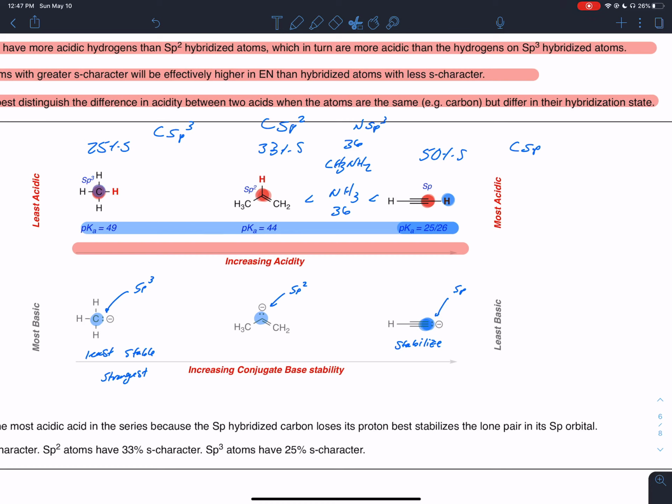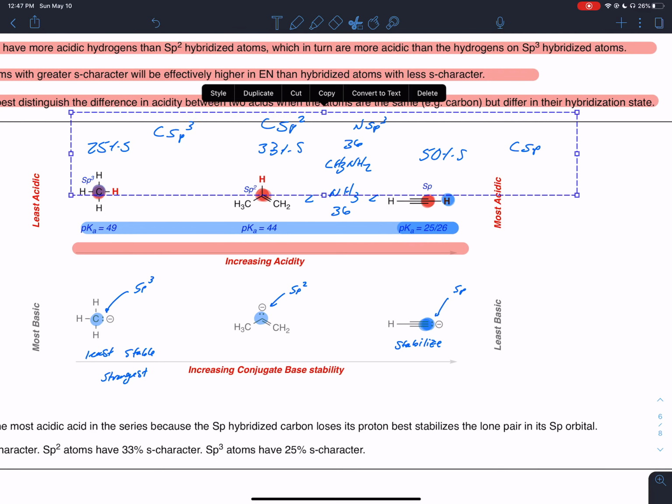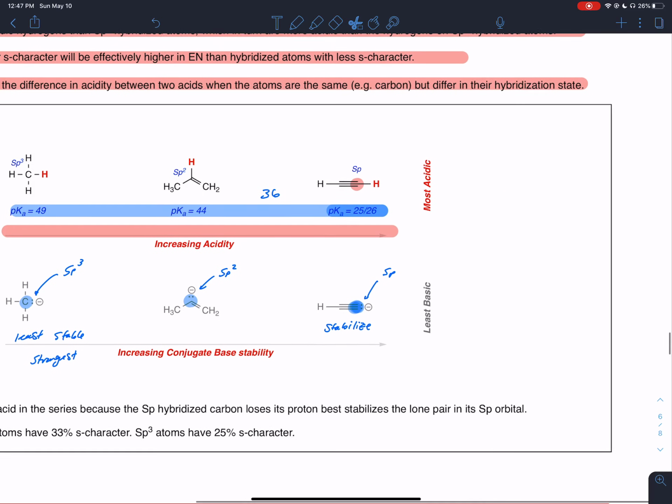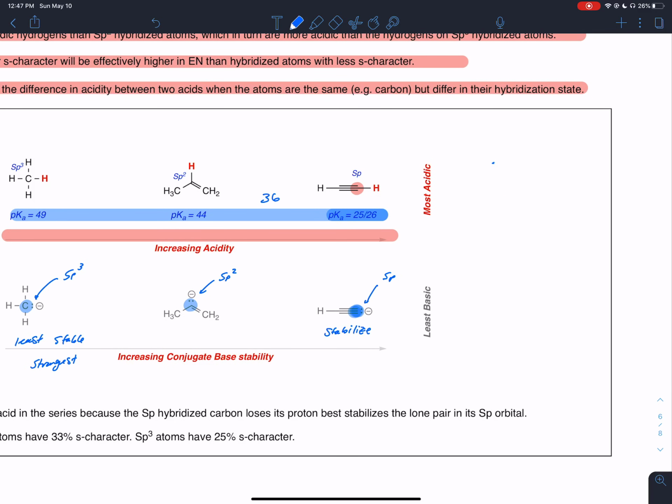Okay, I'm going to clear this part of the screen real quick just to make things less visually cluttered, and I want to give you one more example. You might look at a molecule here called pyridinium. We've got a nitrogen that is positive, and we might compare that to a nitrogen atom that is also positive, but it's sp3. So here we have a comparison between an sp2 nitrogen and an sp3 nitrogen.